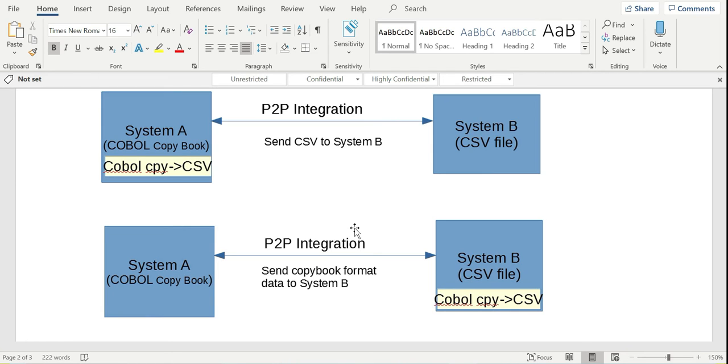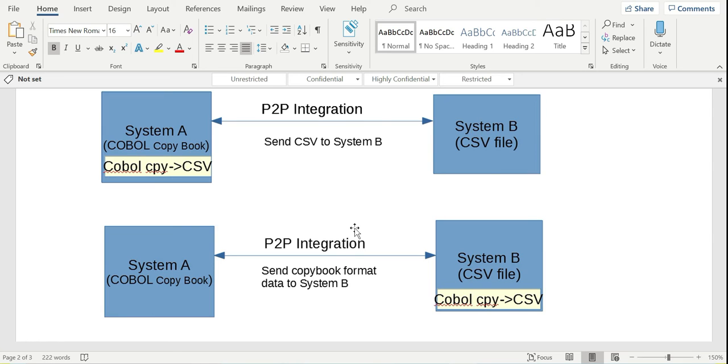There are two cases actually. In the first case, the module is installed in the source system itself, which converts that COBOL copybook structure into the CSV file format and sends it to system B.